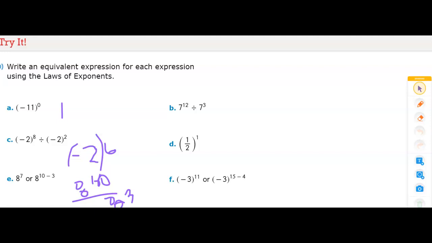And then we have B, 7 to the 12th power divided by 7 to the power of 3. And so you would subtract the exponents and you get 7 to the power of 9.